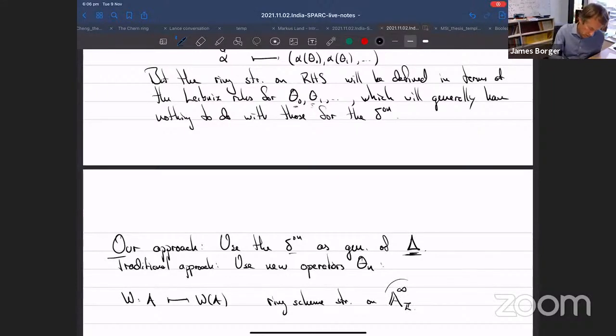But there are many different coordinate systems you could choose on this. I've written it with a canonical one, but there are other canonical ones you can choose. And that's the difference between the approach we've taken and the traditional approach, just two different canonical coordinate systems on what should be viewed as the same object.